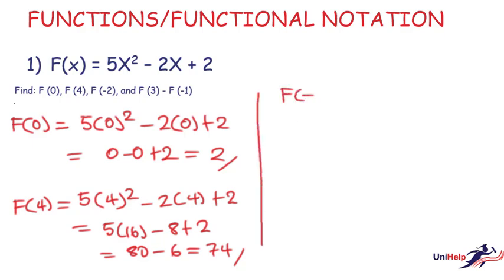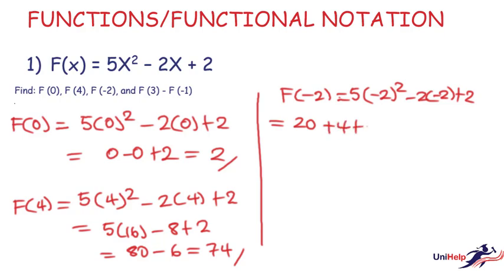F of negative 2 is equal to 5 into negative 2 squared minus 2 into negative 2 plus 2, which is equal to 20 plus 4 plus 2, which is equal to 26. Now, f of 3 minus f of 1. To find that, we need to find f of 3 and f of 1 distinctly.